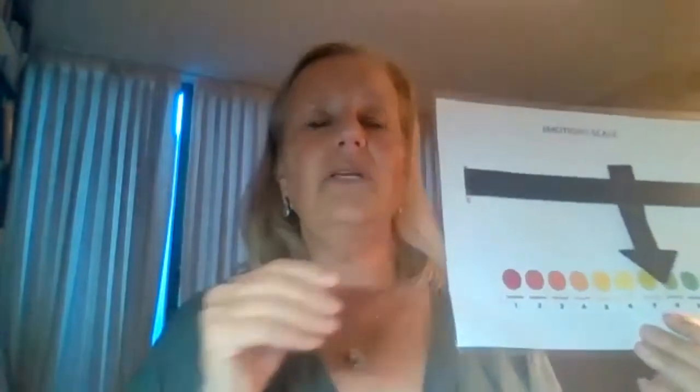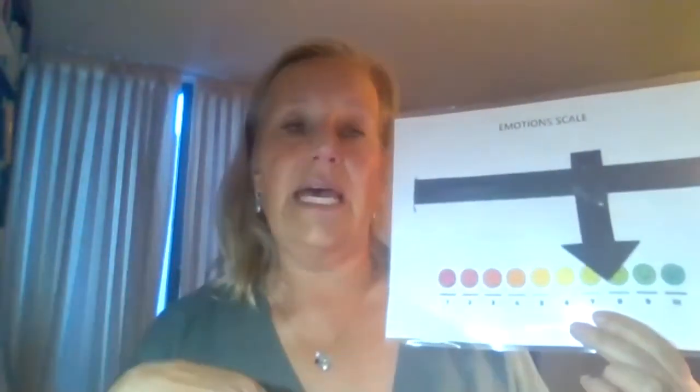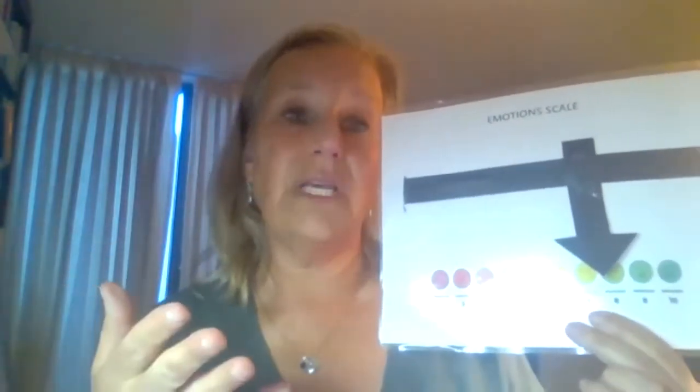Okay, so as I was saying, you can use the scale to look at all kinds of emotions. Angry, calm, happy, sad, in control, out of control. One of the things that I do sometimes, especially if I'm working with a kid individually, and again at home if you're doing this, I might use this for flavors of ice cream or food.